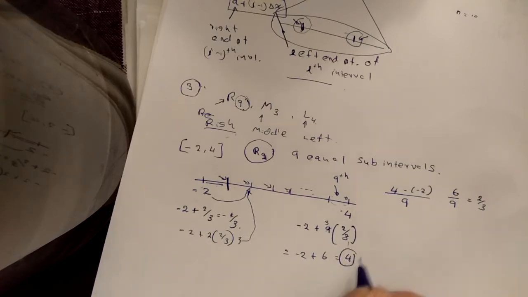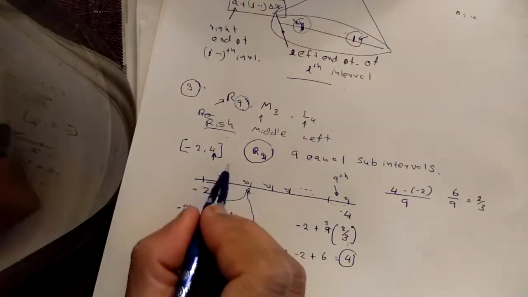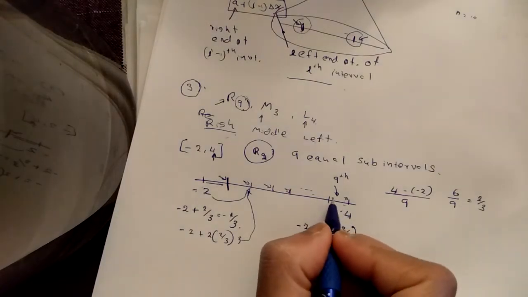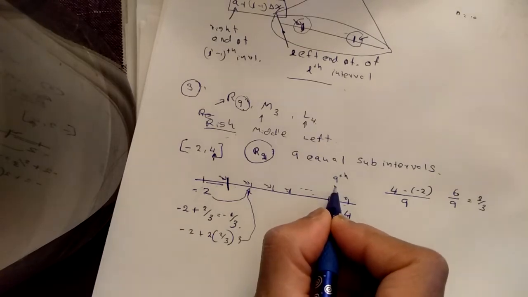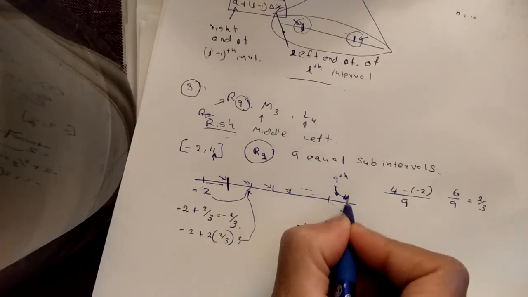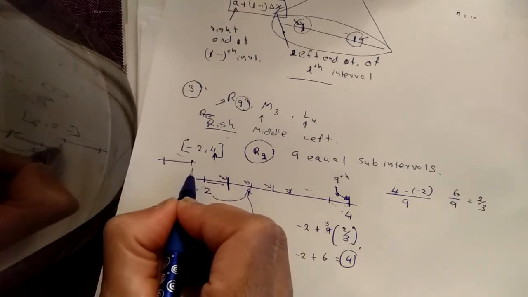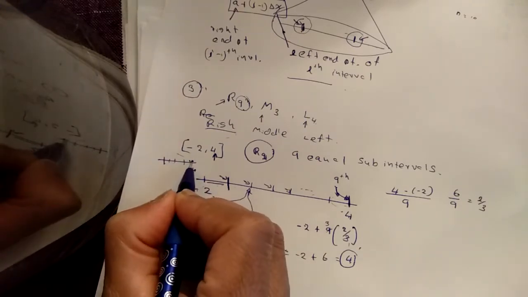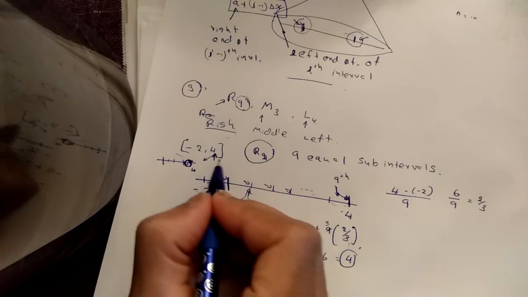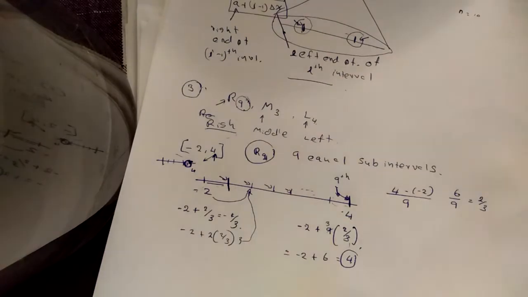This is the rightmost endpoint of our main interval. These two values should definitely tally, because the right endpoint of our final subinterval should be the same as the final endpoint of the big interval that we are dividing. So those two values match each other.